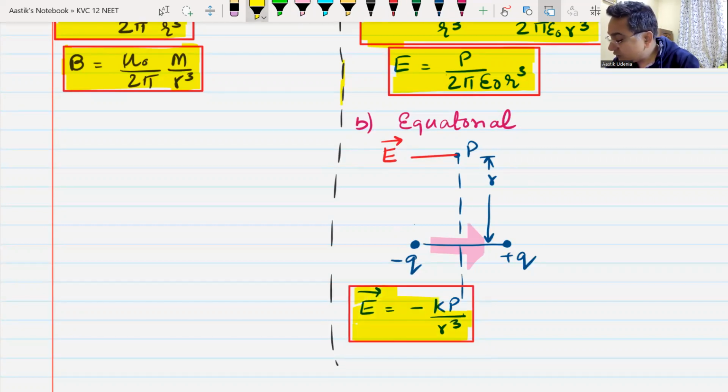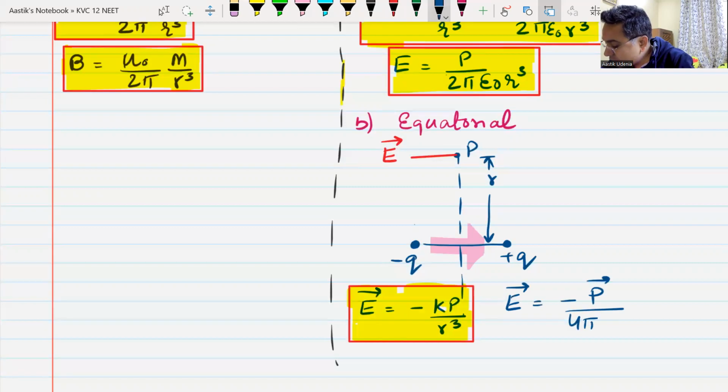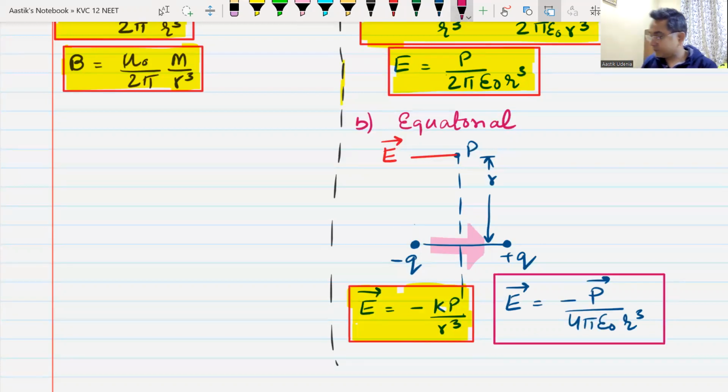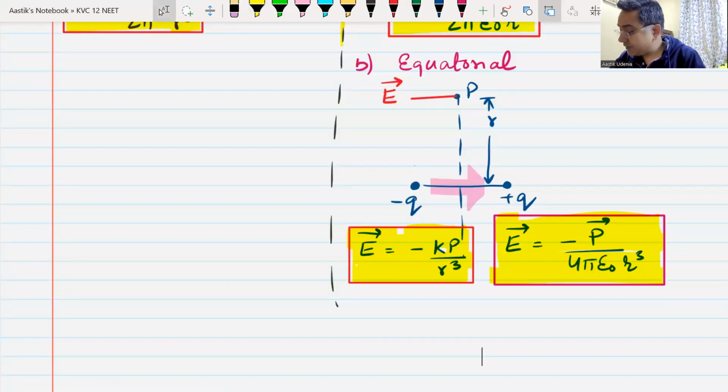The value of K is 1 by 4 pi epsilon naught, so I can write this in this form also: electric field is minus P vector divided by 4 pi epsilon naught R cubed. No matter how you write it, you are writing the same thing. You may call it a different form, but it is the same thing. I hope you are able to understand what I am doing here.